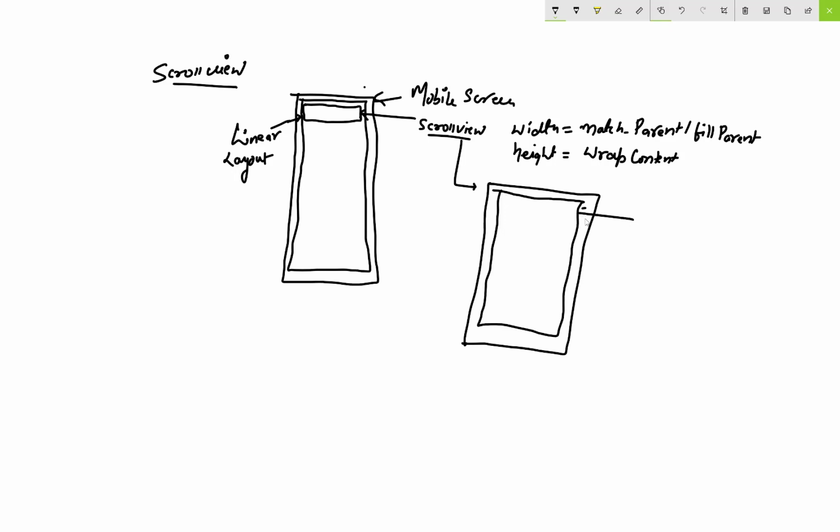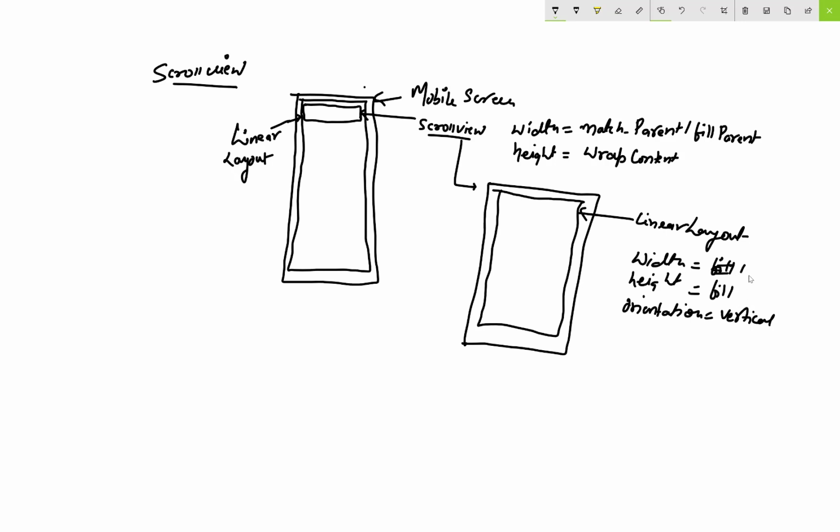The orientation property of the linear layout is vertical, so you can add items in the linear layout, and that linear layout is inside the scroll view. Set the height, width and orientation properties of the linear layout.